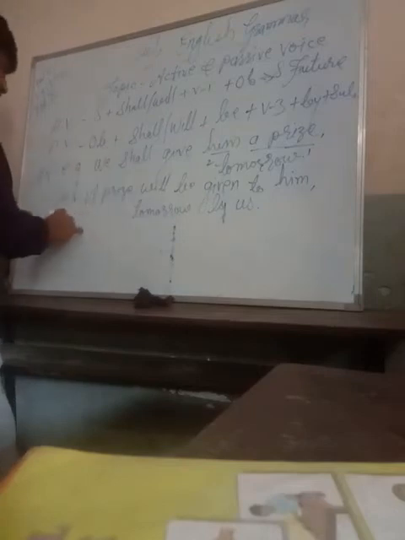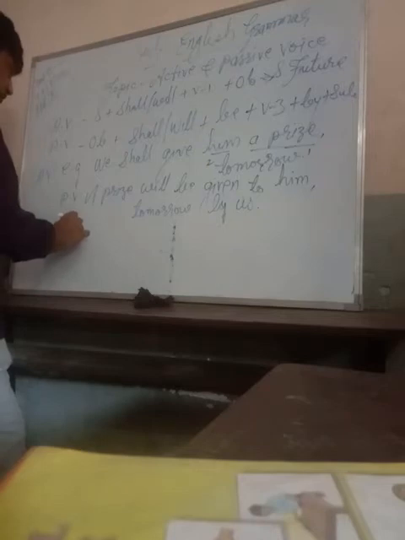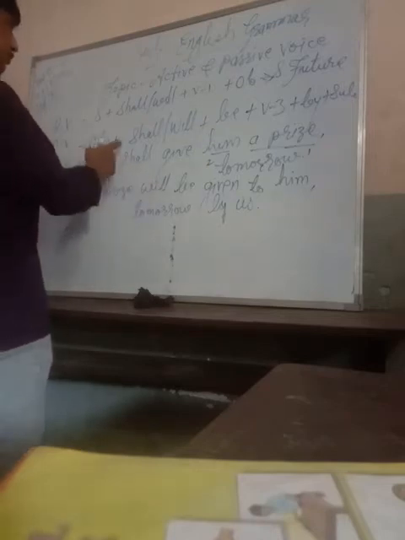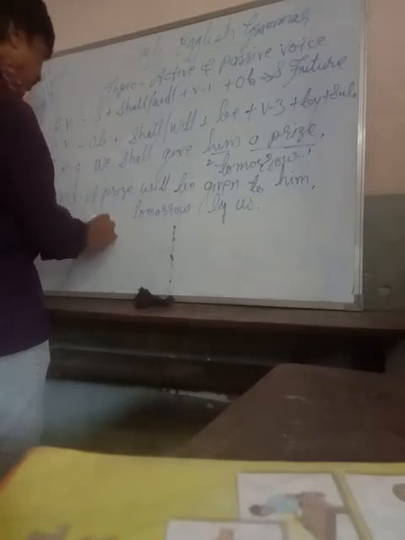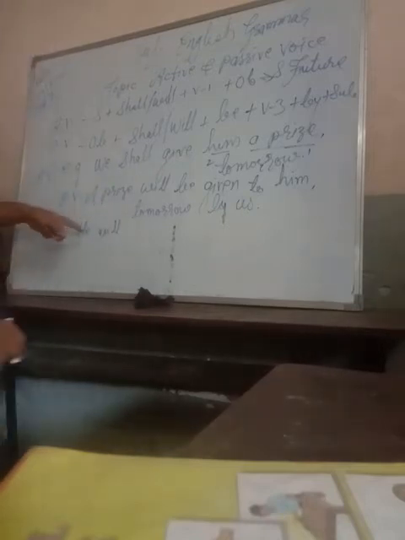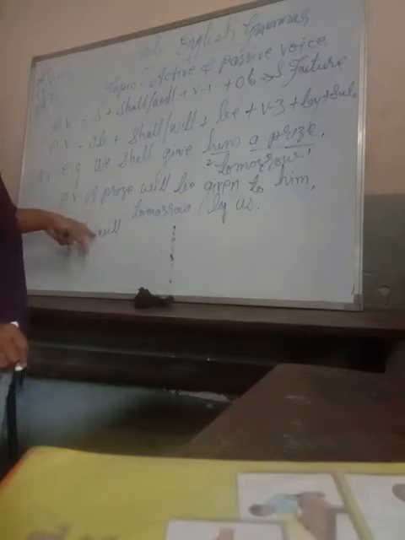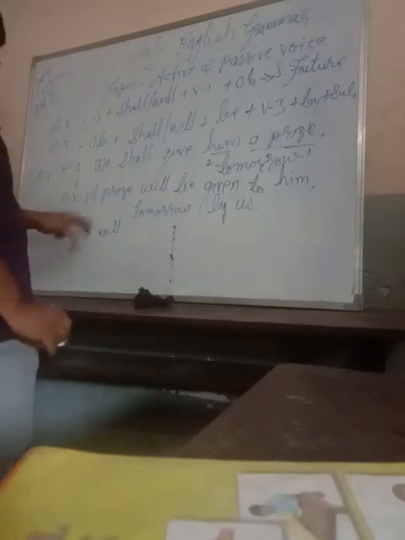Now we can make this sentence another way by taking him, the indirect object. Now him will be changed when it comes in the place of subject, so he. Then shall/will, so will. Will is always used with the third person, singular or plural, no matter.